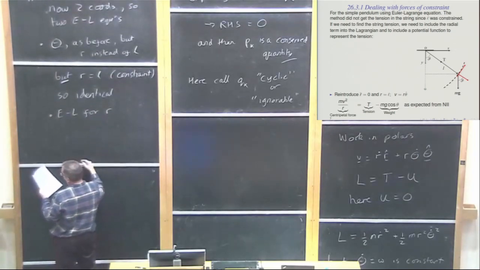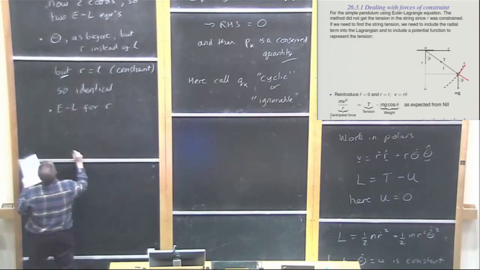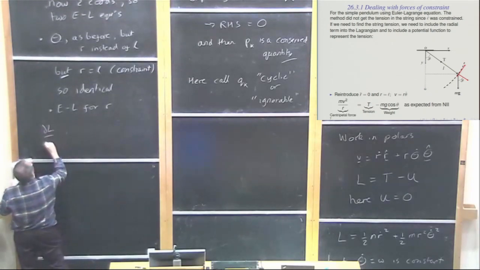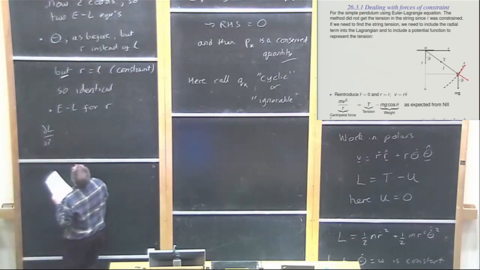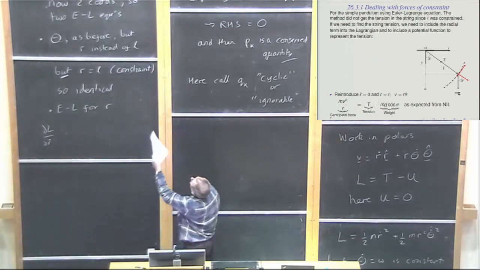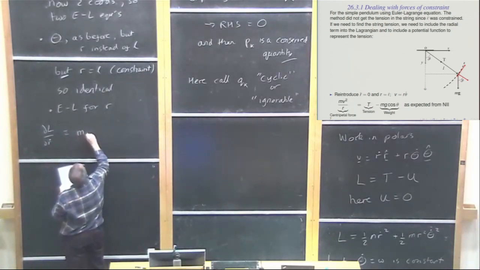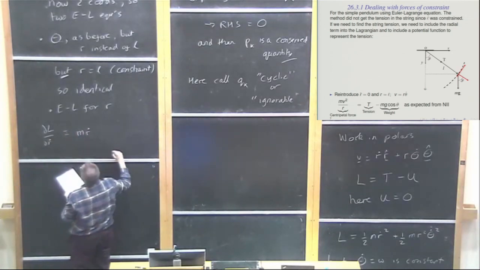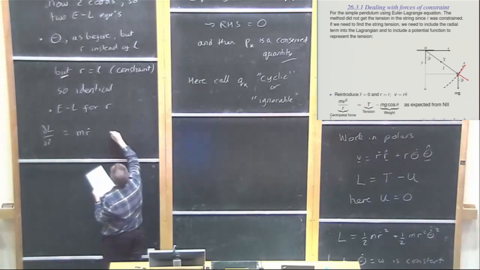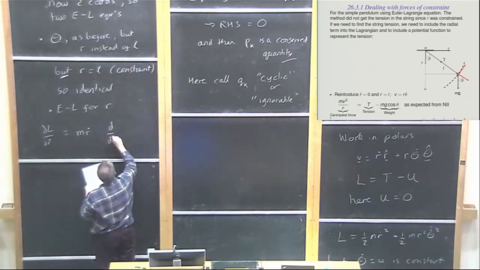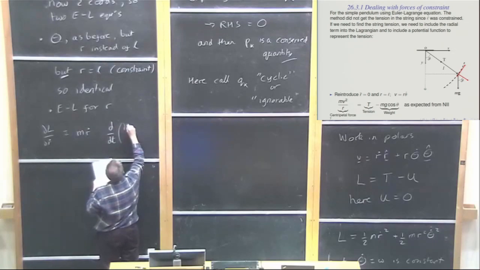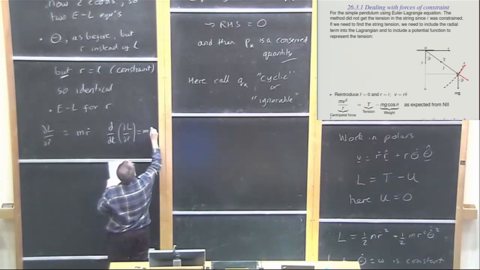We have dL by dR dot. There's just one term in R dot, which is the first kinetic energy term. So we end up with mR dot. We differentiate that with respect to time: d by dt of dL by dR dot is mR double dot.